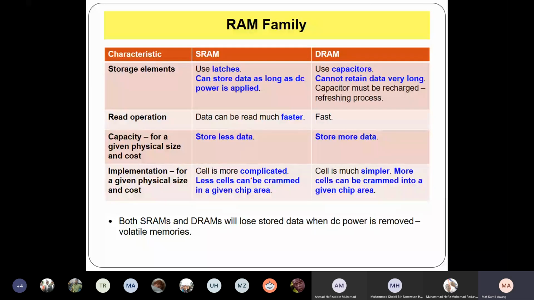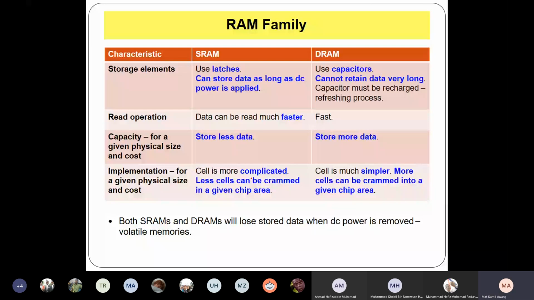For the read operation, data can be read much faster in SRAM. DRAM is slower than SRAM. For the capacity, SRAM stores less data, whereas DRAM stores more data. This is actually given in terms of physical size and cost. SRAM is more expensive and bigger in size.